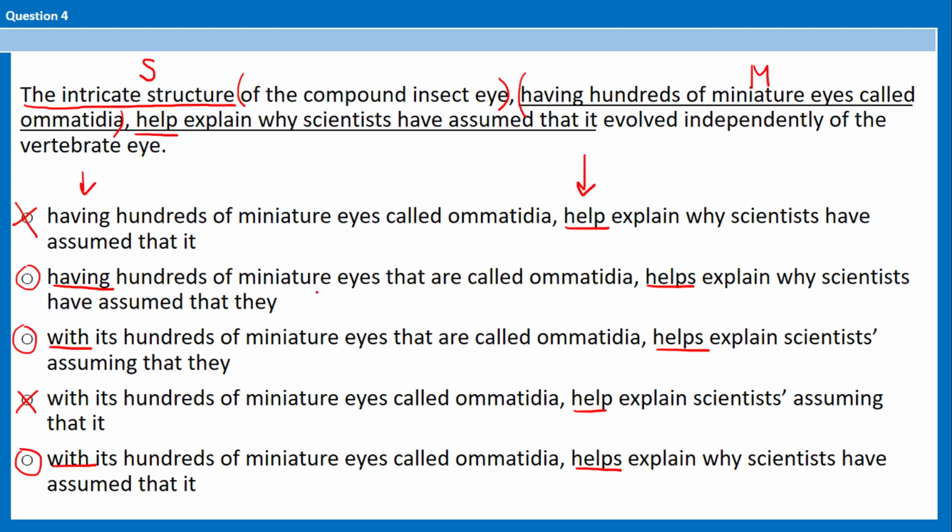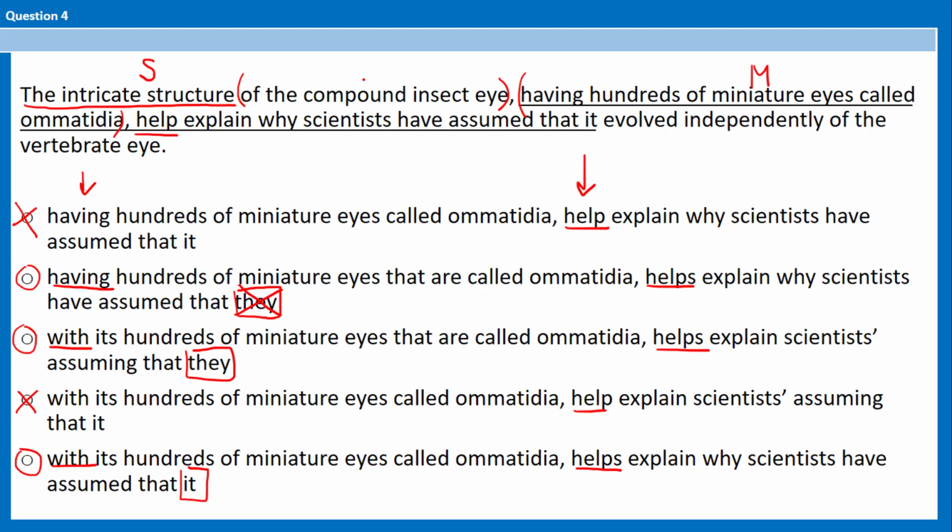Then you have the pronoun they, it. Okay, so the structure helps explain why scientists have assumed that they. It cannot be they, because they is plural, and I'm talking about the structure of the compound insect eye.